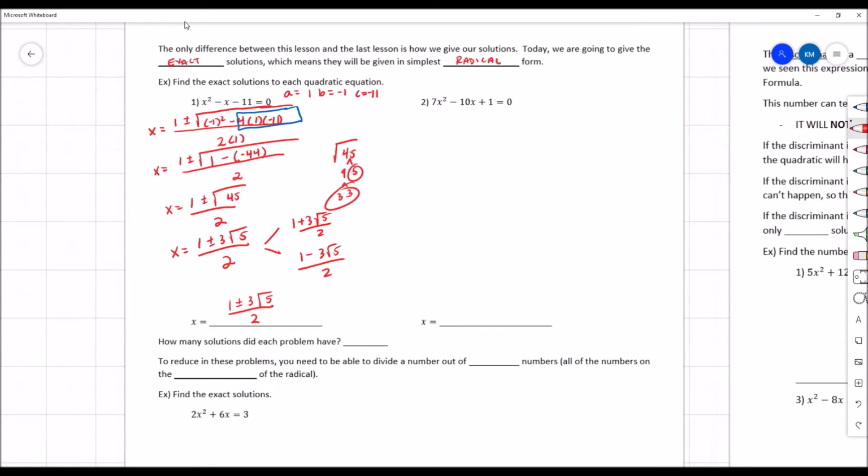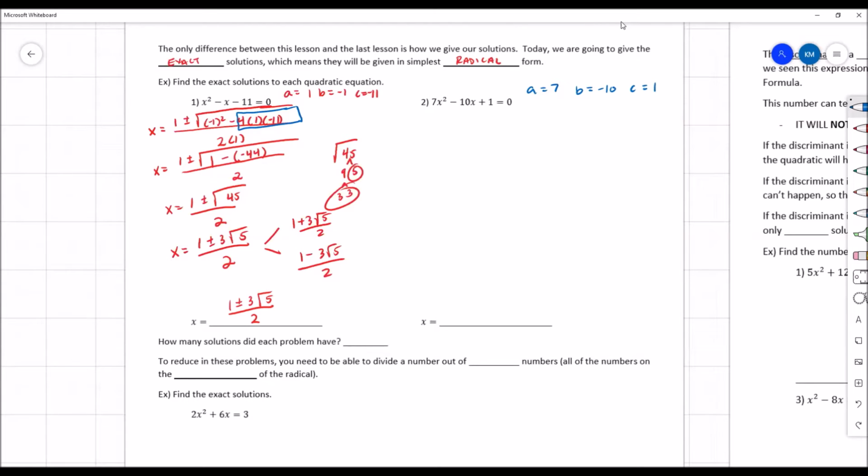All right, number 2. 7x squared minus 10x plus 1. This is one of those problems that we're glad the quadratic formula is around for, because A is a big number and everything else seems pretty small. B is -10 and C is 1.